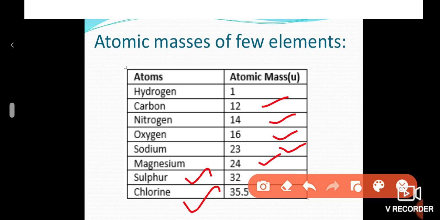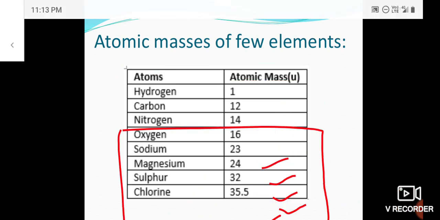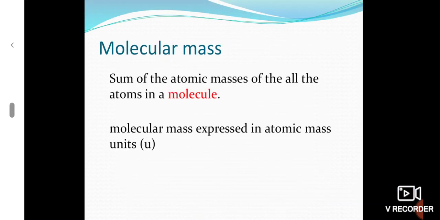By using these values, we have to do some problems. This table is available in your book, table number 3.2. By using this table, we will do some problems. Before that, molecular mass.